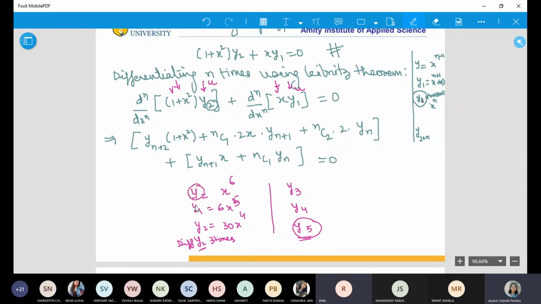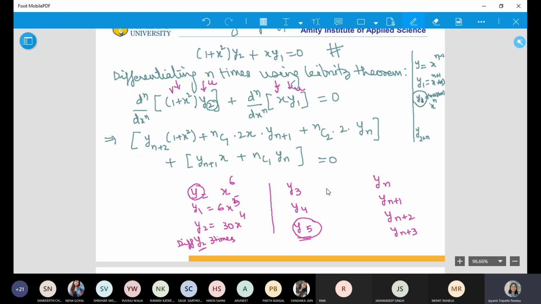Ma'am, we are taking n after the differentiations, that's why we added. You are differentiating n times this equation. So when you start with y, you will get yn. When you start with y1, you will get yn plus 1. When you start with y2, you will get yn plus 2. Suppose you start with y3, you will get yn plus 3 and so on.